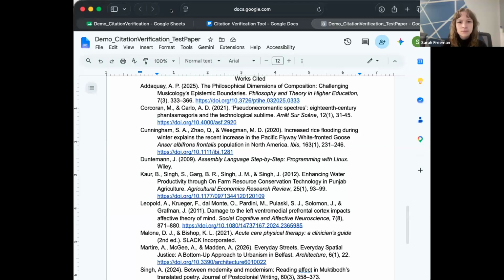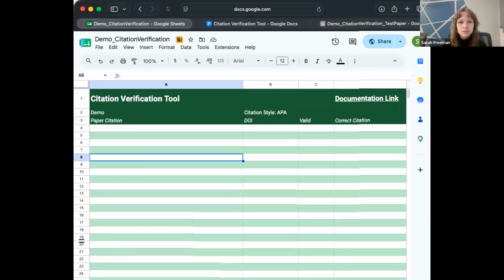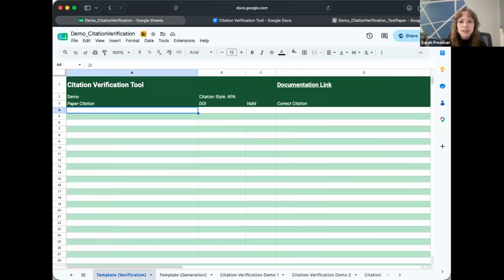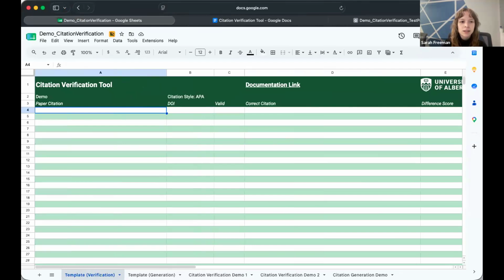So I'm now going to do a quick live demo of our citation checker. All right, so this is what our citation verification tool looks like before we put anything in it. And as a user, the only column that you have to fill out is the paper citation column.